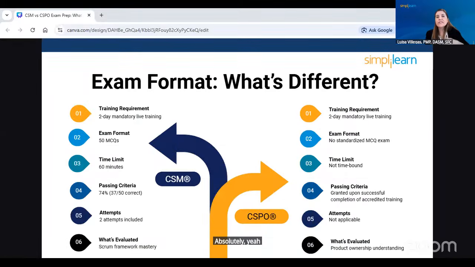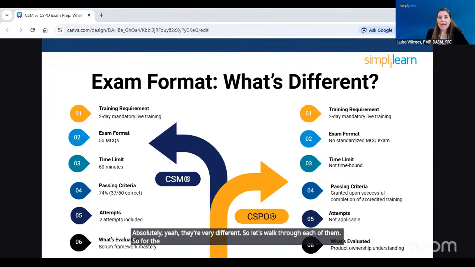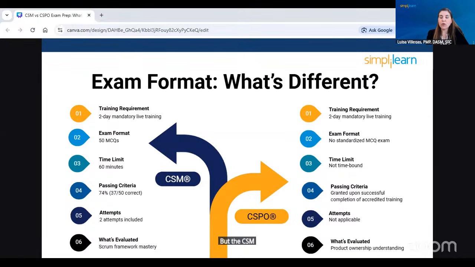Absolutely, yeah, they're very different. So let's walk through each of them. For the Certified Scrum Master, the CSM, you are going to have a formal exam. That is a key difference. They're both 2-day mandatory live trainings, but the CSM is going to have a multiple choice question exam, 50 questions.